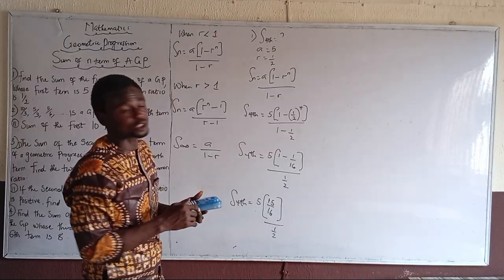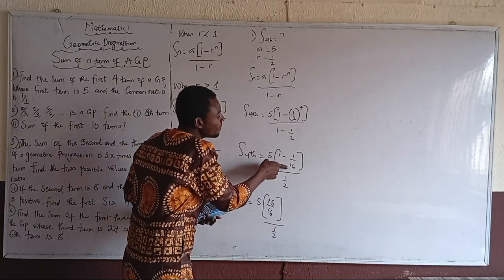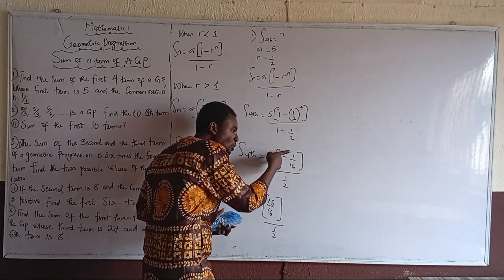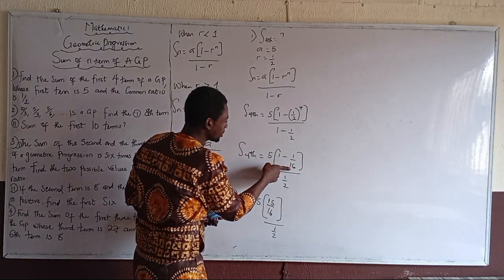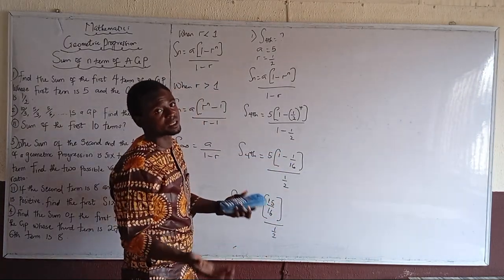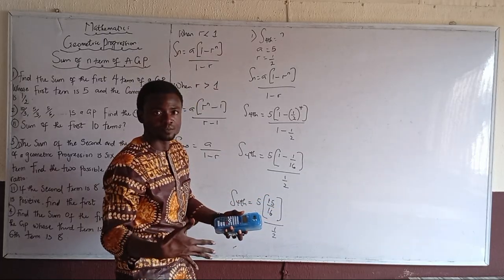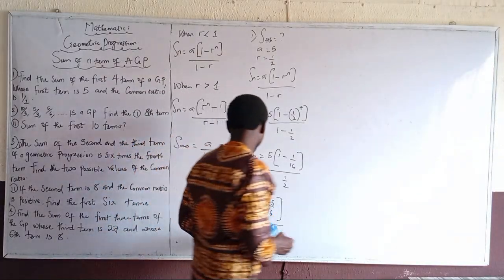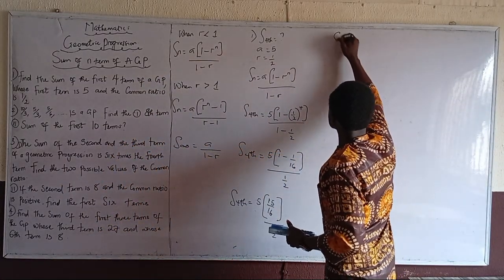When you subtract a fraction from 1, it's just denominator minus what? Numerator. Then divided by the what? Denominator. So I just did 16 minus 1, 15. And 1 minus a half gives us half.